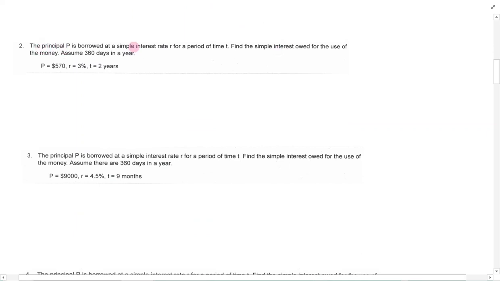Similar question, same instructions, and I'm supposed to find simple interest owed. So I is equal to P times R times T. The principal is $570. The interest rate is again 0.03. The time in years is 2.